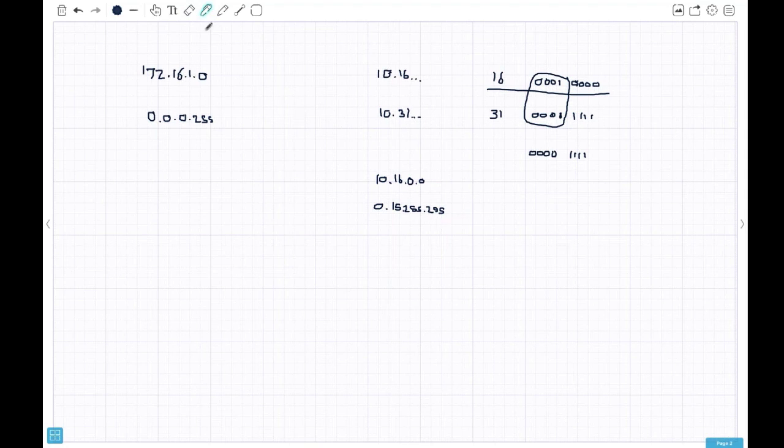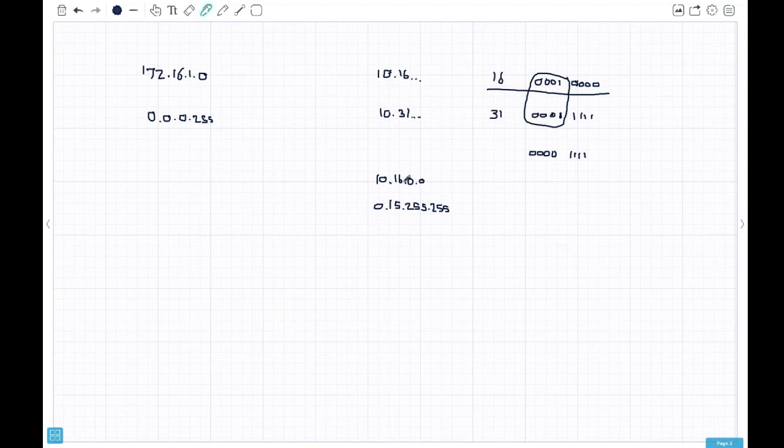Okay, guys, I'm going to clean this up a lot because it looks like 295. So 0.15.255.255.